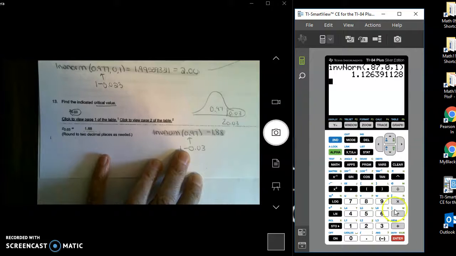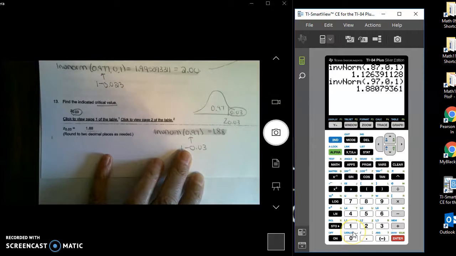Ooh, I did something wrong, didn't I? Let me do it again. Okay, I'm sorry, the area left is 0.97. I put 0.87. There we go. So that pretty much takes care of 6.1 for the homework. You could probably go from there to do the homework from 6.1.